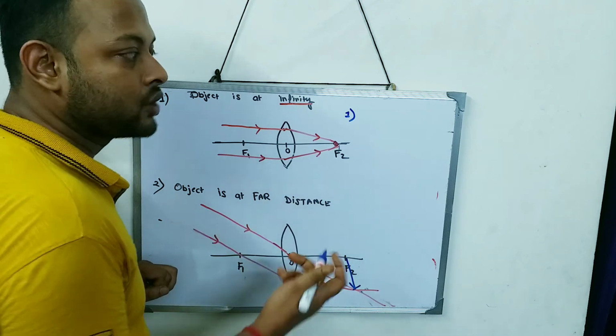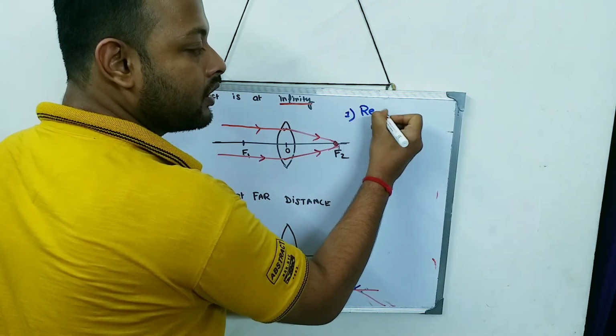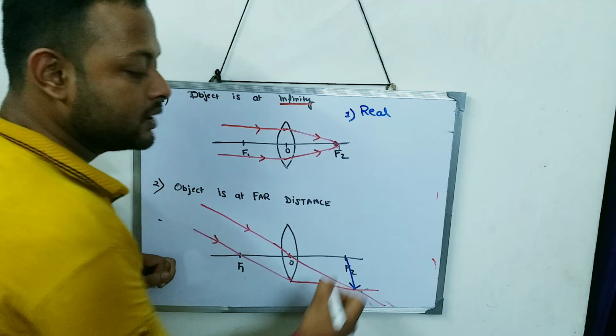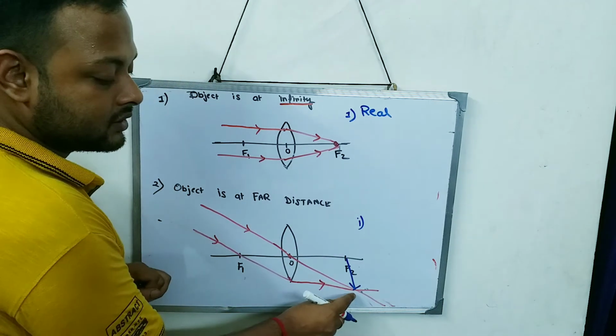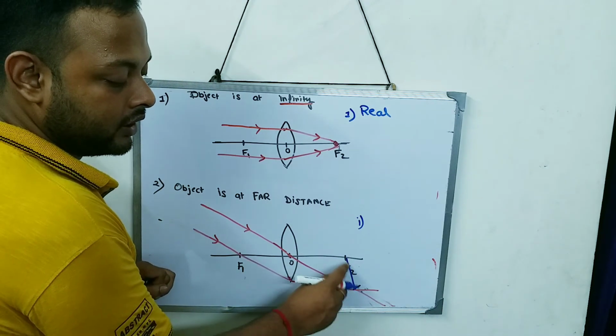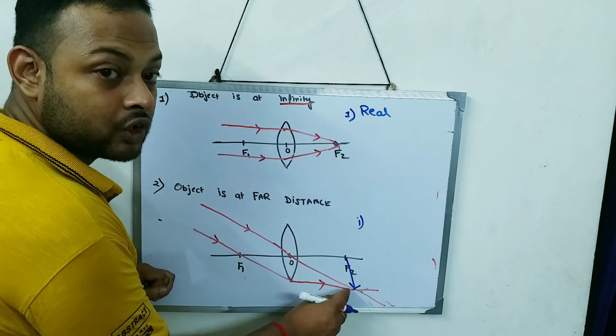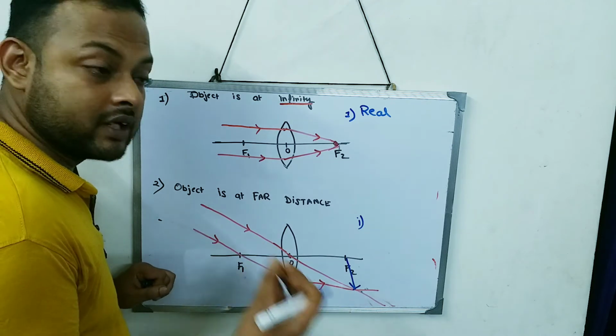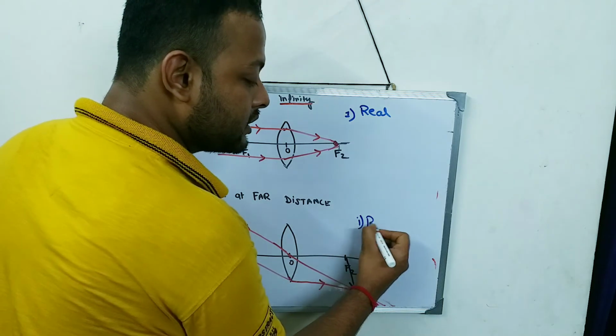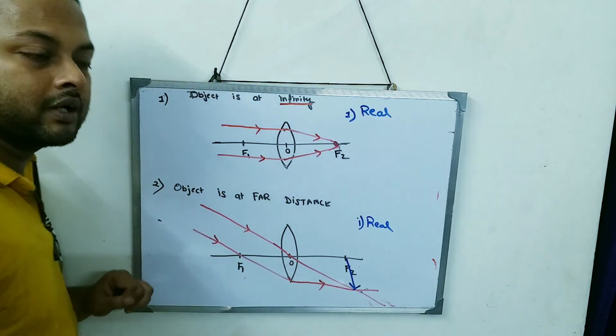If it is formed by actual rays, it will be a real image. Similarly over here, the image which is formed, it is formed by actual intersection of rays. If it is formed by actual intersection of rays, it is also a real image.